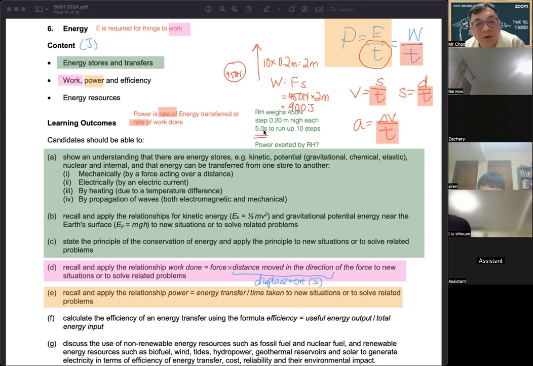Okay, Sishan, I have not talked about the unit of work done. Your unit is correct, not wrong, but there's an SI unit for power. Later I'll explain. Zachary, that's incorrect. The 900 joule is for work done. I'm talking about power. What's the power by Ray Hong?